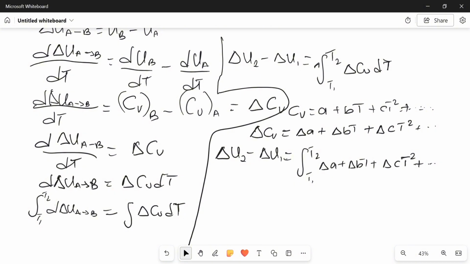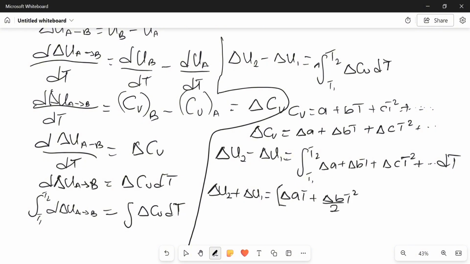So good. We should not forget, if I integrate this the way it is, we have dt in terms of t. So we are going to have change in U2 minus change in U1 equal to, this should give me change in AT plus change in B over 2 T square.